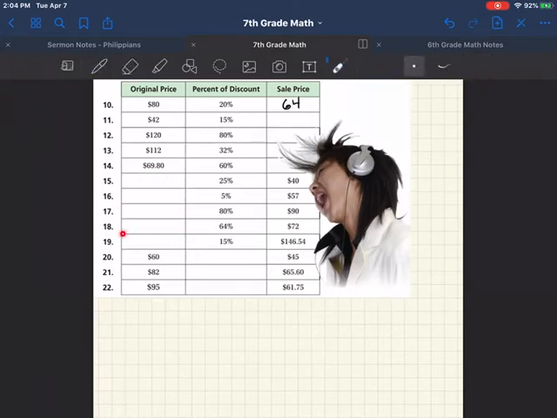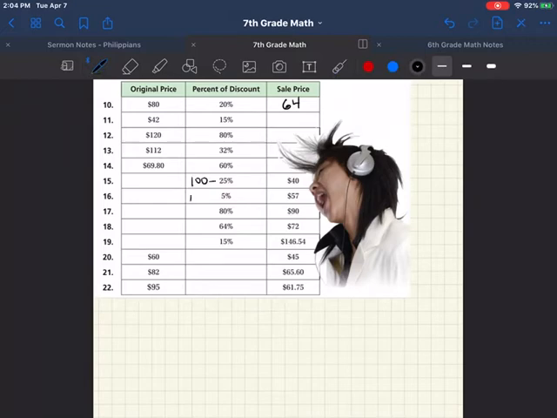There are 3 different types, and in this one we're trying to find the original price. Now remember, original price was the strange one where we had to figure it out based on 100% minus the discount, because what we want to know is 40 is 75% of what.